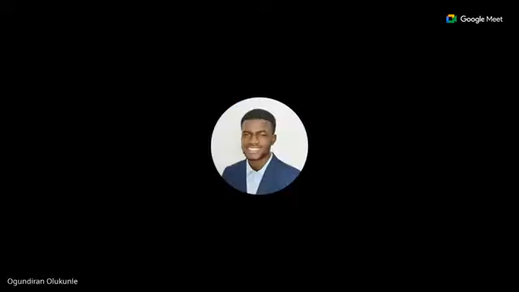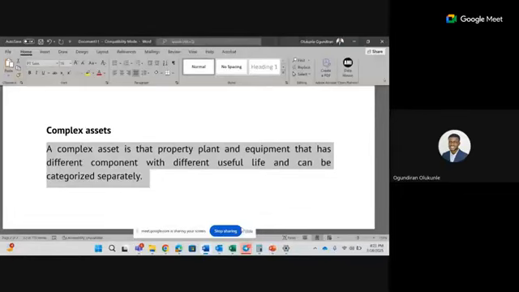So I was explaining complex assets and saying that assets can be decomposed. I think that's the best word. So now, what has different categories, right? And those categories can be differentiated based on their useful life.